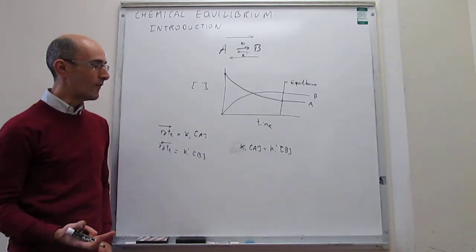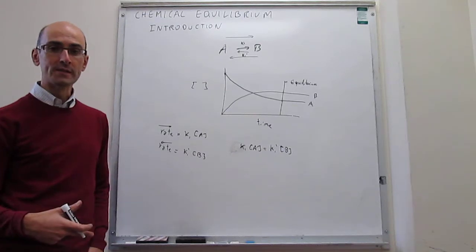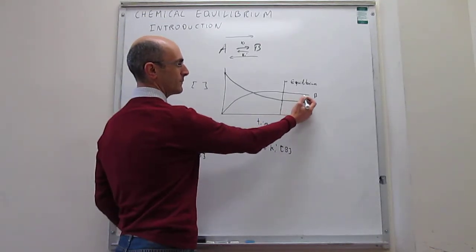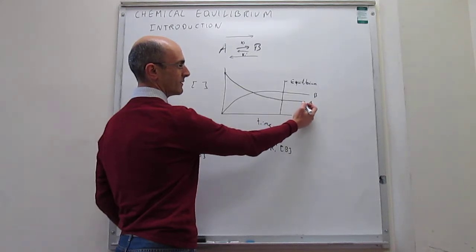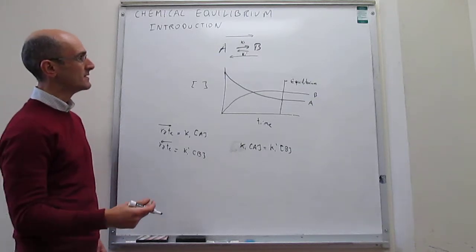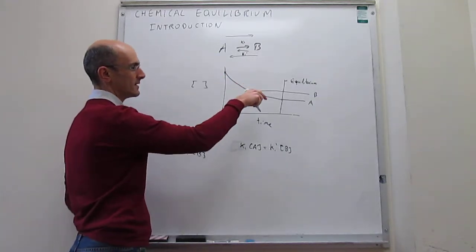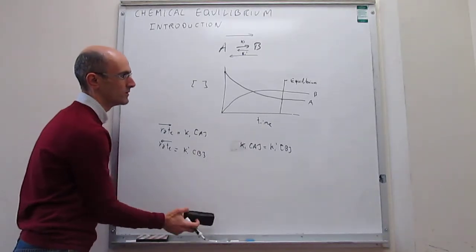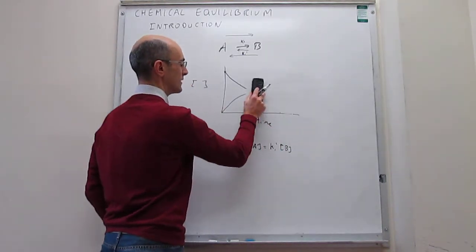Now, there are several ways to characterize the equilibrium. In this case, the amount of B present is a little bit larger than the amount of A, so we say that the reaction seems to be displaced to the right. But we can envision other types of reactions in which the concentrations would be a little different.